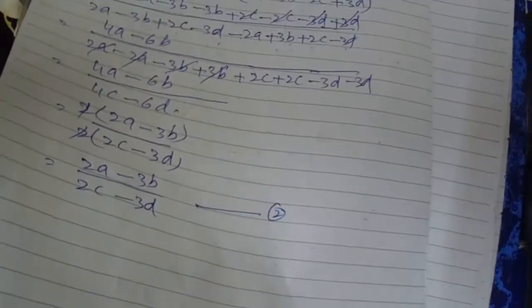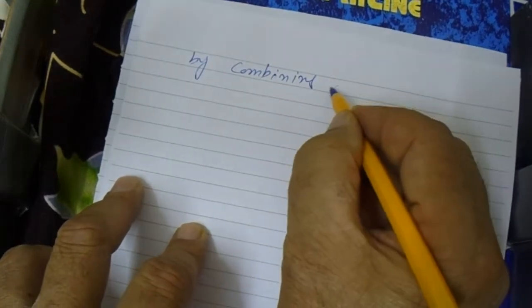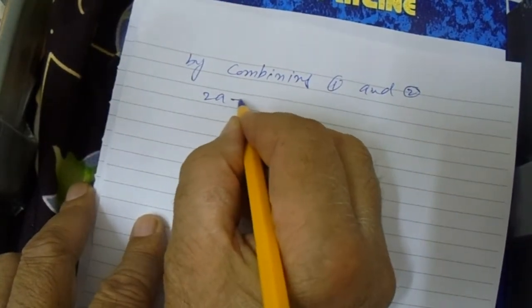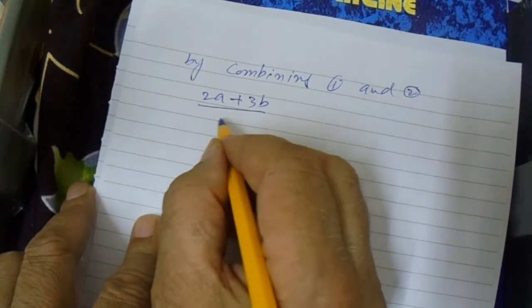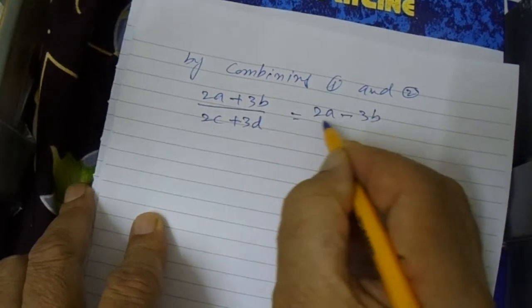Now by combining the results 1 and 2: this is our 1, 2A plus 3B over 2C plus 3D is equal to, now this is our second, 2A minus 3B over 2C minus 3D.